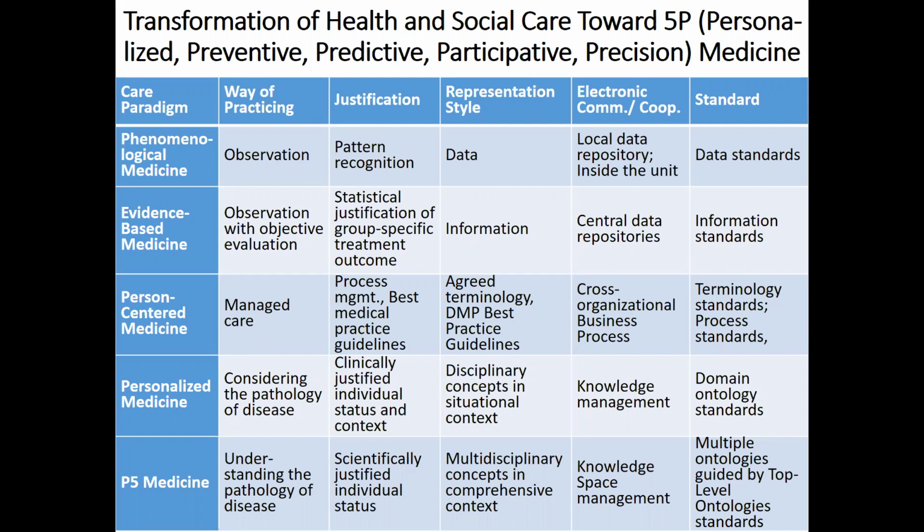If we move to personalized medicine, we have to understand the pathology of the disease. And this means that I have to investigate everything from a clinical, scientific, multidisciplinary perspective in a situational context. And understanding things is not just having an observation and sharing data. I have to understand what happens, in which element, what functions are ongoing, what are the dependencies, constraints, and relations to others, etc. That means I have to manage the knowledge describing this system of a patient and its environment for this specific condition.